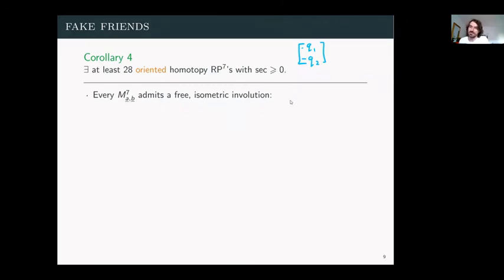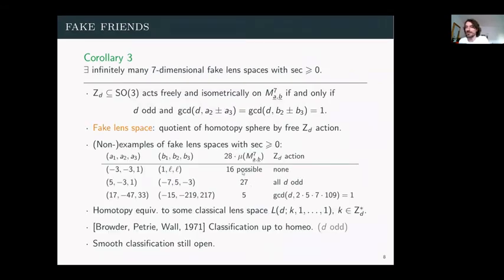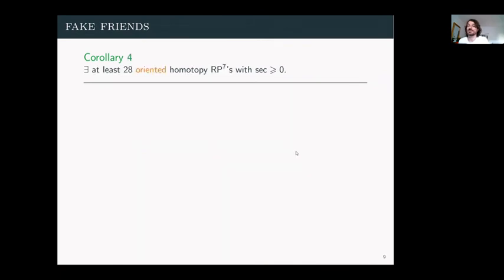So if I go back, in this case, say this homotopy sphere, you get all D odd, but you also get all 2D for all D odd appearing as fundamental groups.